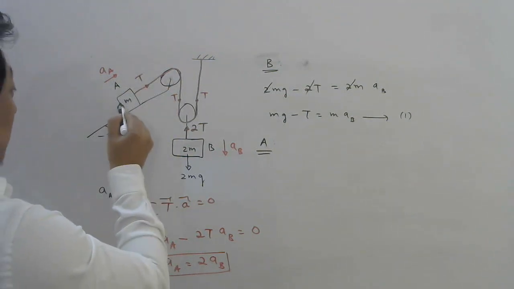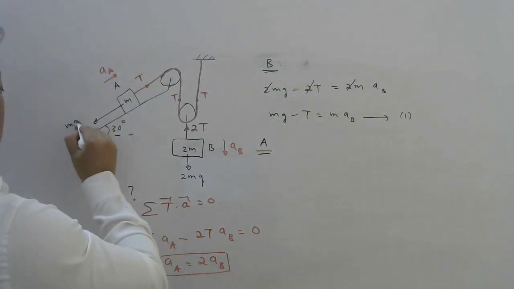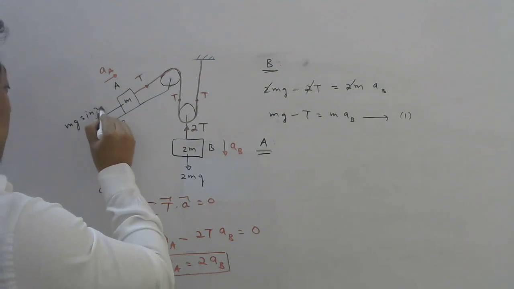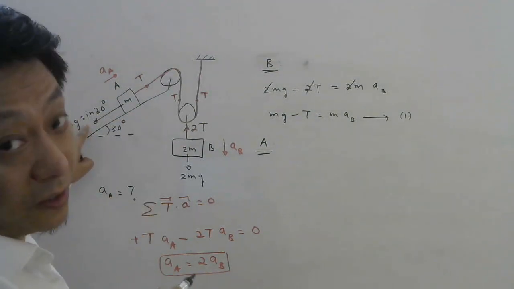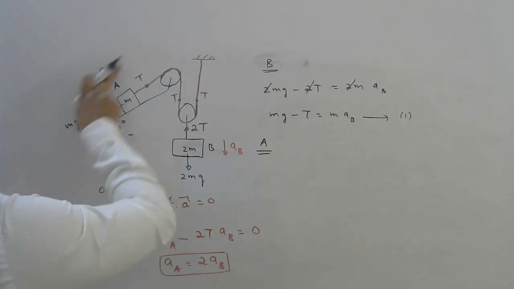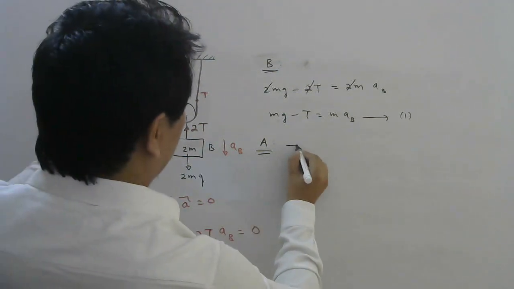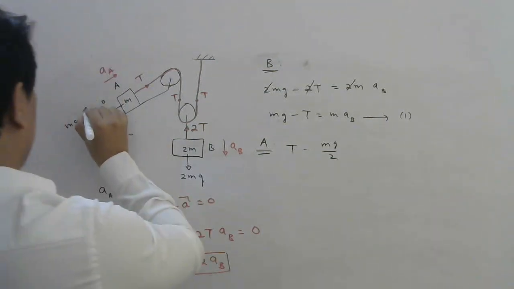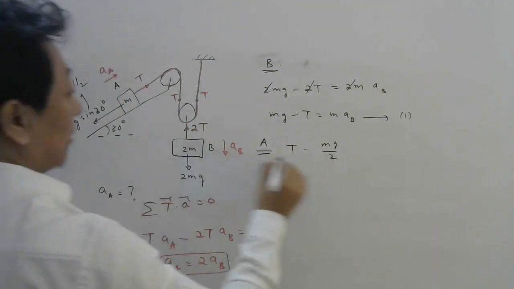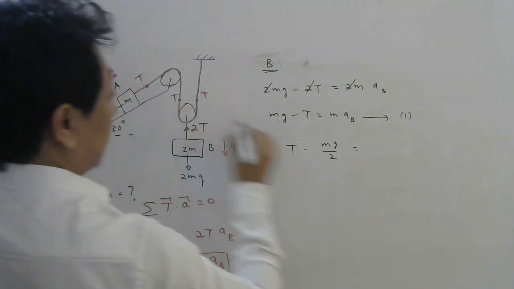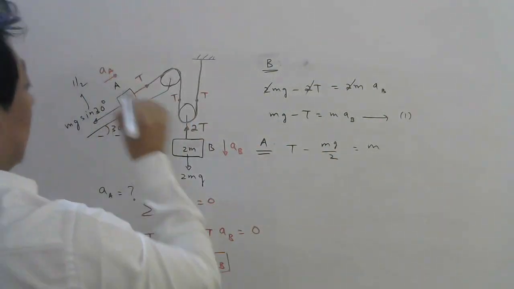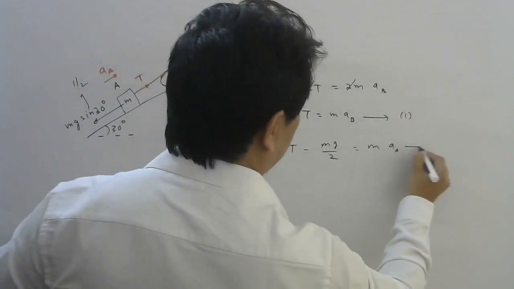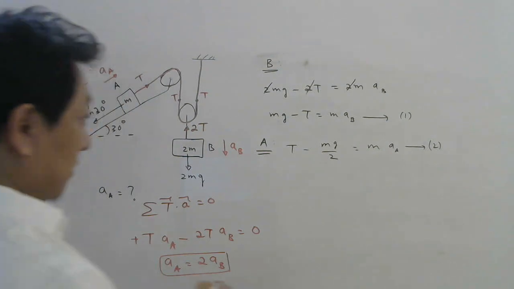Now apply Newton's law for this system. Here tension is T. Here component of gravity will be mg sine 30, which is mg by 2. And remember acceleration is here, so this T should be greater. So T minus mg by 2, because sine 30 is half, should be equal to mass into acceleration. What is acceleration? AA. So this is your second equation, right?